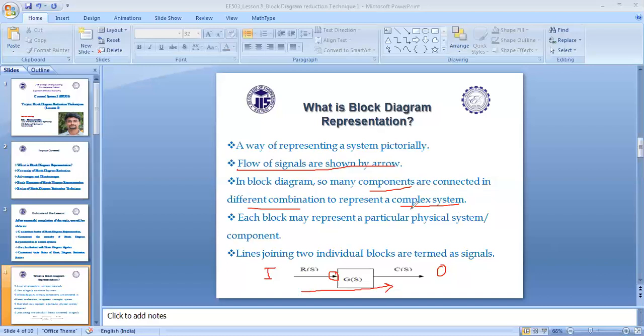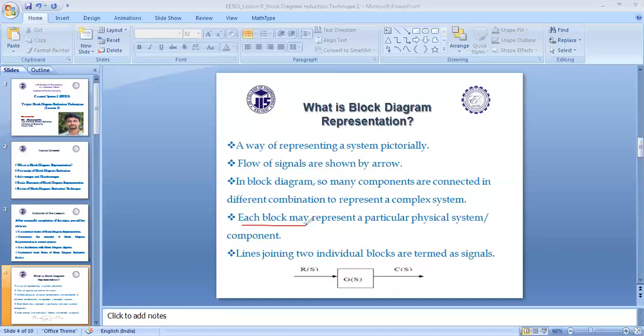So any complex control system should have a number of components, and those components are to be connected in different combination. Different combination may be series combination, parallel combination, or feedback combination. That is why it is written in block diagram representation, so many components are connected in different combination to represent a complex system.